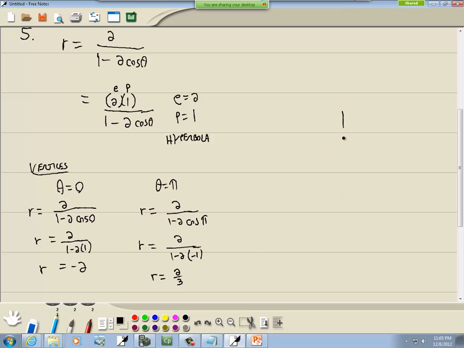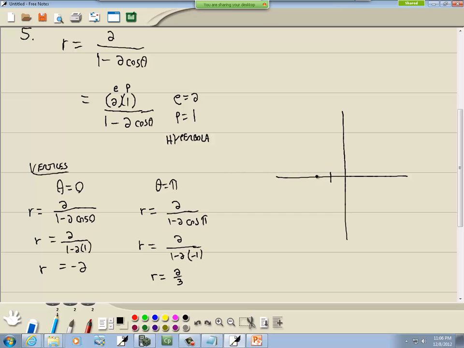Okay, well, let's see what that gives us here. Now, theta is equal to 0. You can't think of these as plotting points. You have to think more in terms of polar form, so we're given an angle and given the r. Well, 0 degrees is right here. Negative 2 means I go in the opposite direction.